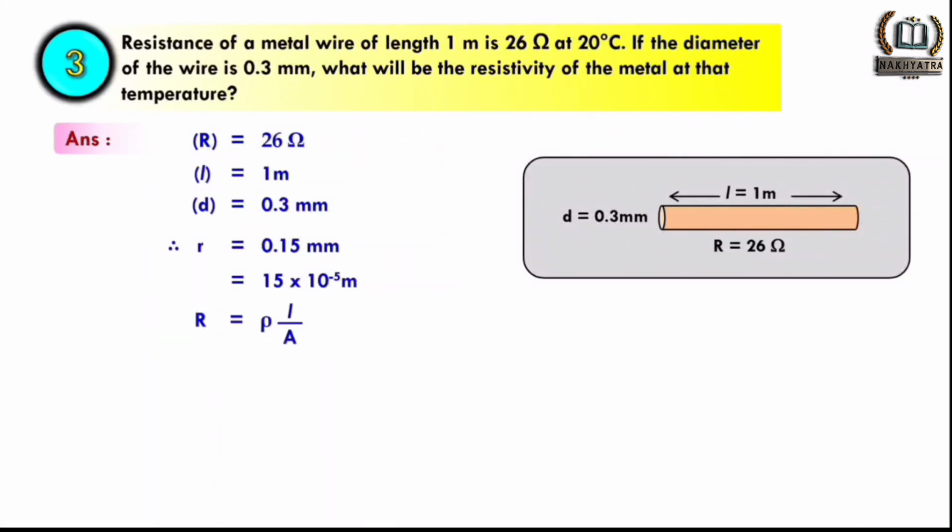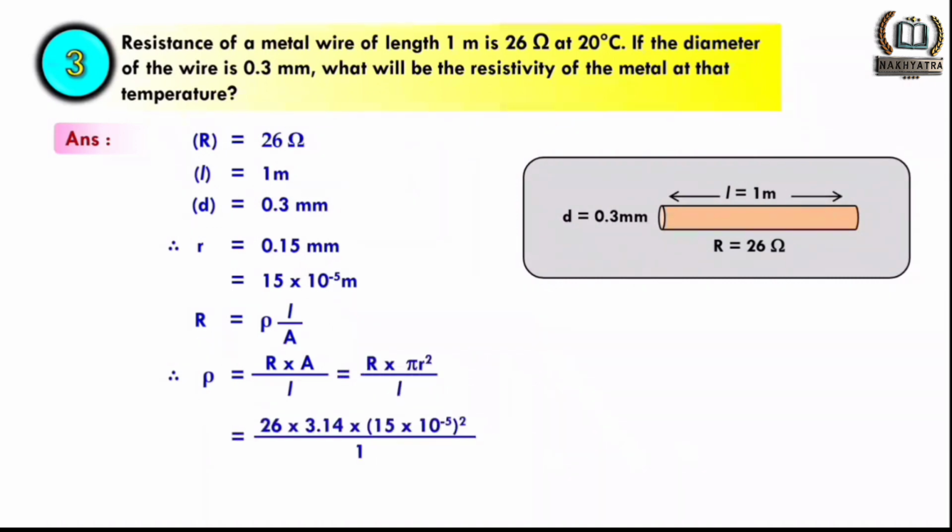Now resistance equal to rho into L by A. Here by rearranging it, rho equal to R into A by L. Now put the values. For R we know that it is 26 into, now A equal to, we already know, pi R square. So write the value for pi, 3.14, into, now what is the radius? 15 into 10 to the power minus 5.